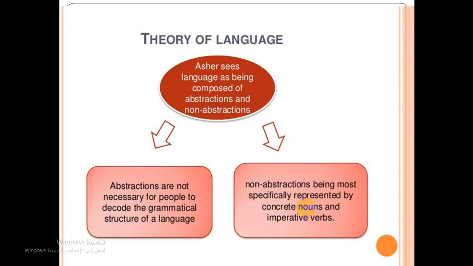Imperative verbs are verbs that create an imperative sentence, a sentence that gives an order or command. For example, an imperative: open the door. In this example, the imperative verb is open.